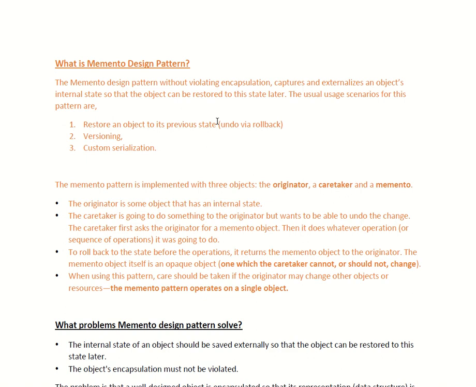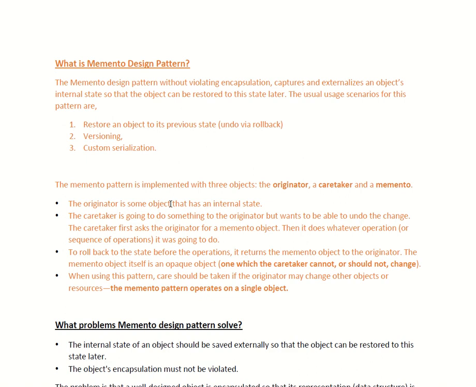In such cases, using this particular solution, the Memento design pattern lets you change that object's state to its previous state without violating the encapsulation. Even if the members are private in nature, you are still able to set them to their previous state using this design pattern. How that is going to happen, I'm going to explain soon.